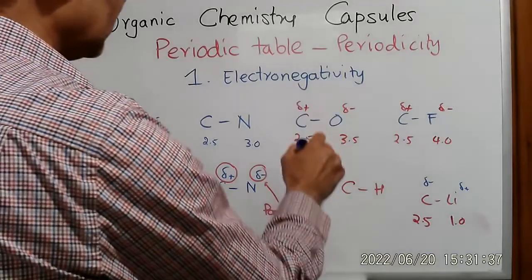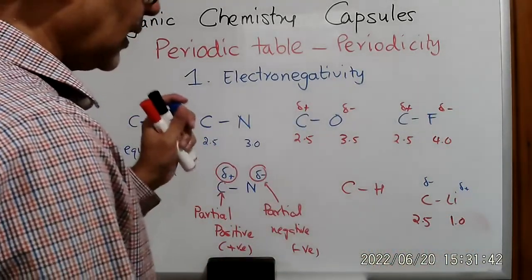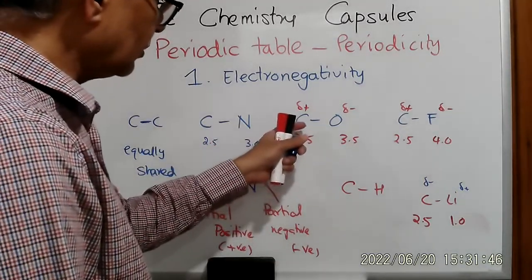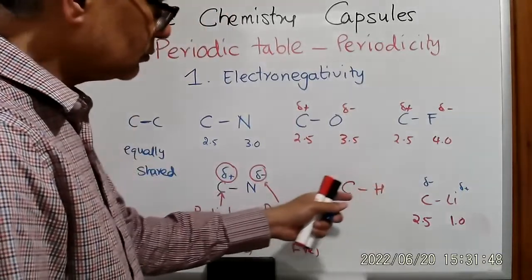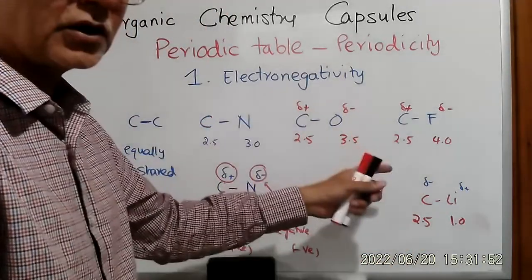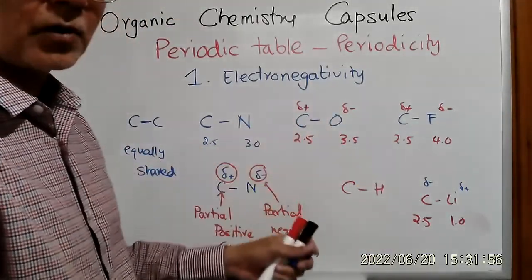So this is one of the foundational concepts. Anytime you see a carbon connected to any other element, more often than not there is a partial positive or partial negative charge on the carbon.